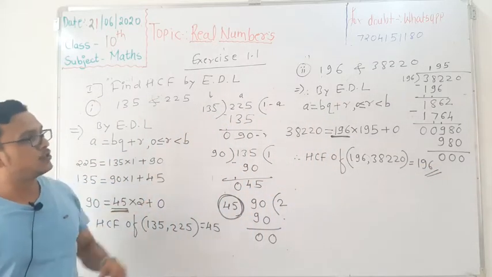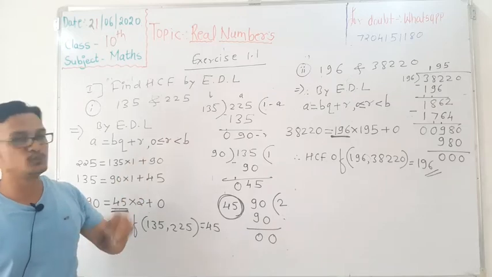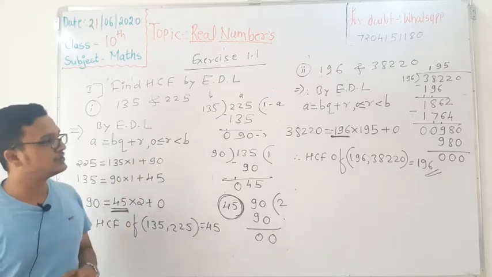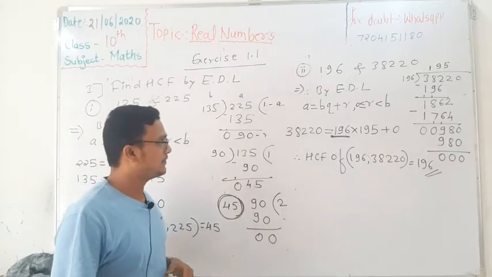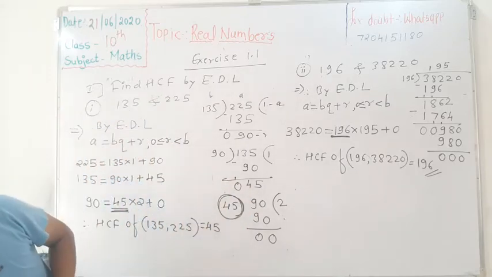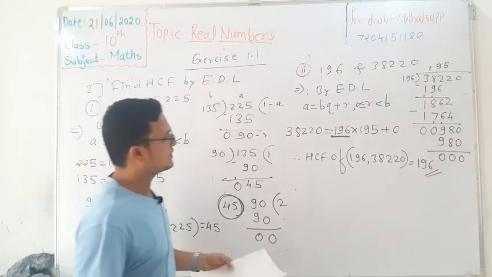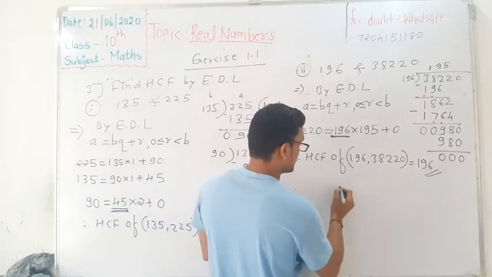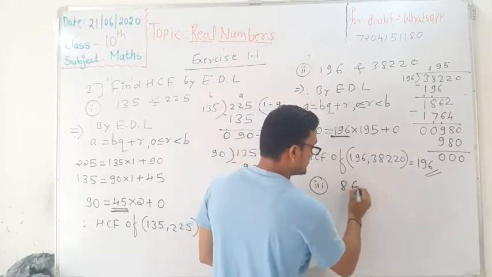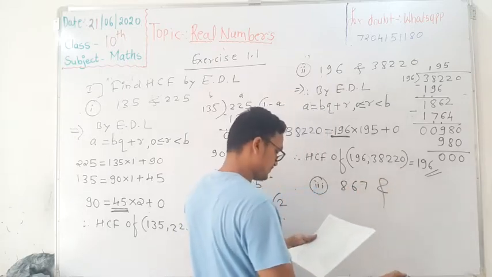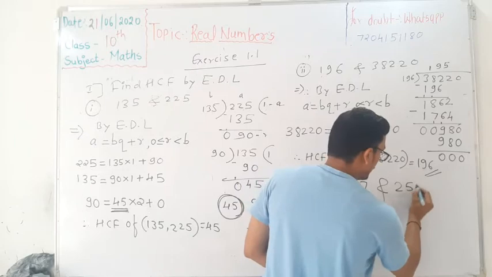Okay, so I hope you have understood these two problems to find out the HCF by Euclid division lemma. Now you can take one more question for the homework, that is the third question: 867 and 255.